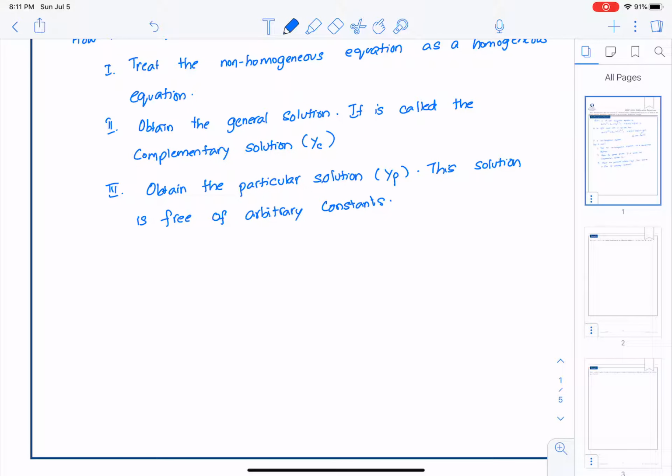So the final solution would be the sum of the complementary solution that we get from the homogeneous part, and the particular solution that we get for the non-homogeneous part. We add them together, we get the final solution.